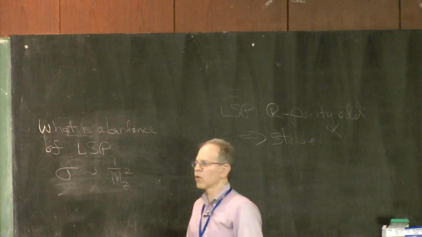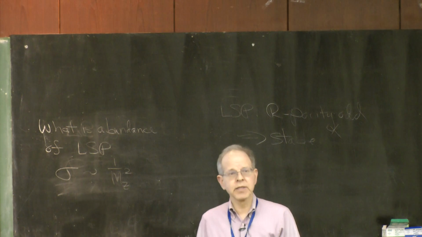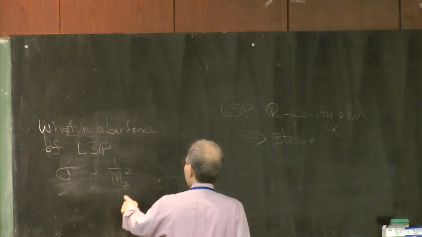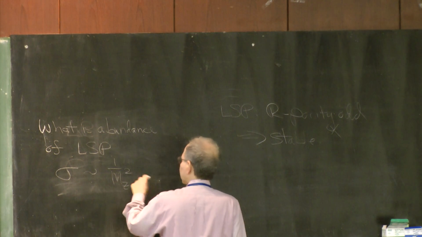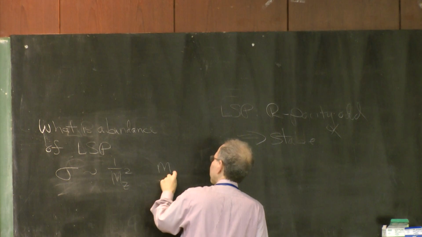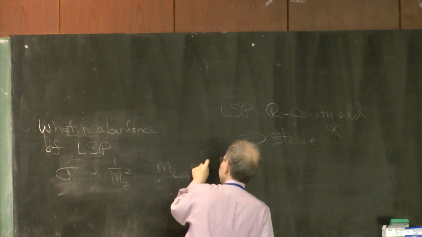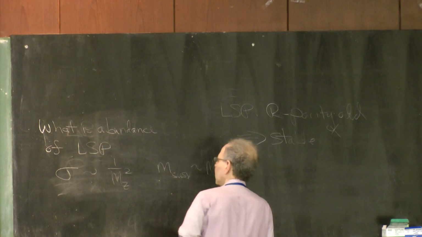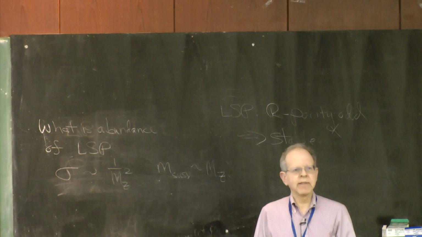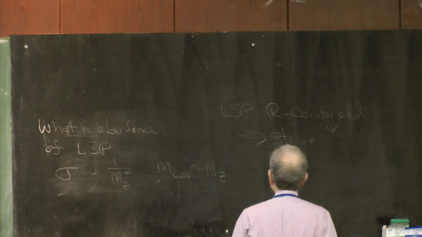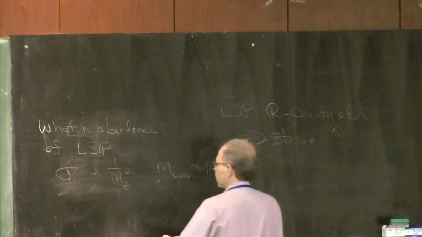Okay, this is going to be a really crude estimate. I don't have coupling constants or things like that in here. But if sigma is of order 1 over mz squared, and this is also the mass of the superpartners, then I can ask, the first question I'd ask is, at what point do the interactions of these particles drop out of equilibrium?